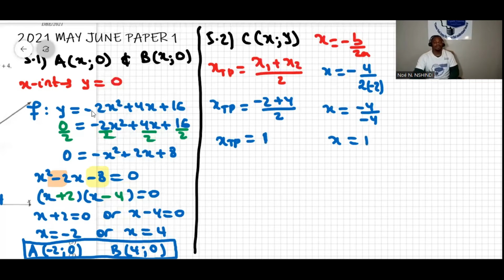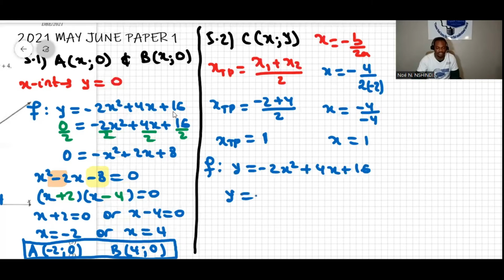Now, we need to find the corresponding y value to the turning point. So we will substitute this answer that we get here into the main equation. Because f is y equal to negative 2x squared plus 4x plus 16, we write y will be equal to negative 2x squared plus 4x plus 16.